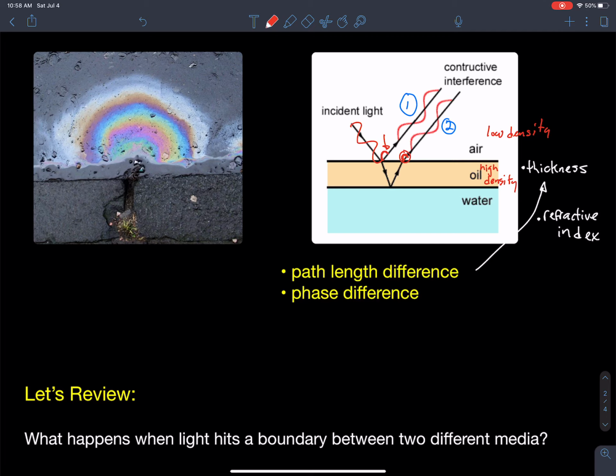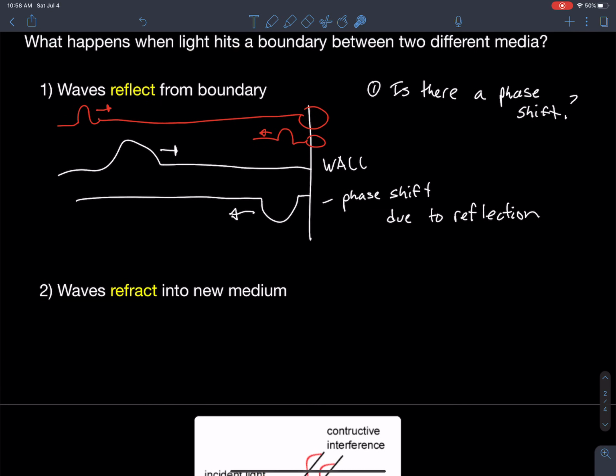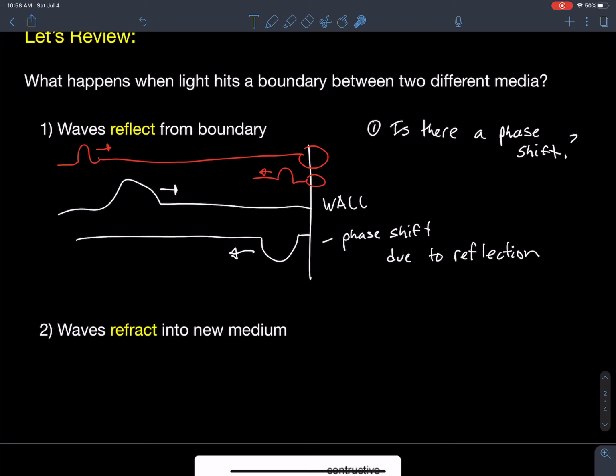That's an important condition for them to match up. Now I need to figure out when that wave is refracted and travels through the medium, is it going to undergo enough wavelengths to come out as a crest so that they can constructively interfere? And that's what we're going to talk about next when we think about ray number 2, the refracted ray.